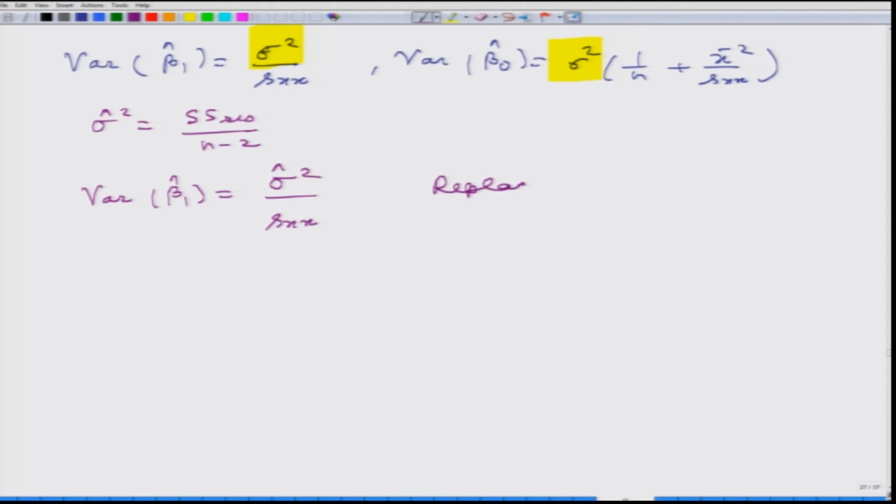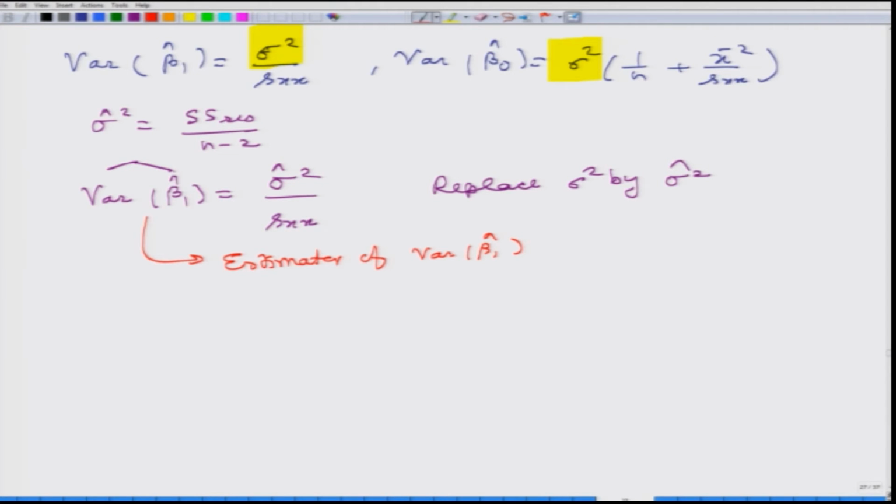This gives me an estimator of variance of beta 1 hat.